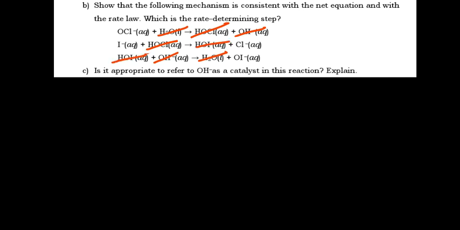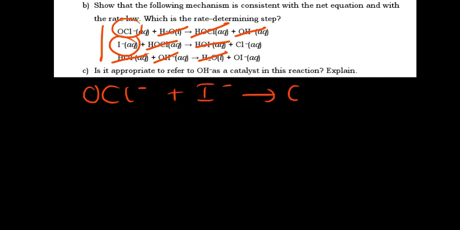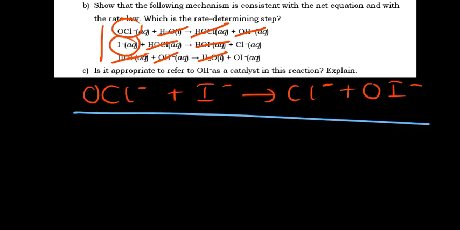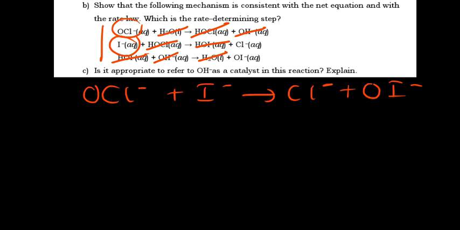So what remains on the reactants are only two: OCl negative plus iodide negative. And then on the right we have Cl negative plus OI negative. So if you observe this, it's stoichiometrically correct, right? So Cl, that's correct. Okay, and we can clearly see that these two reactants are part of the rate law that we determined.